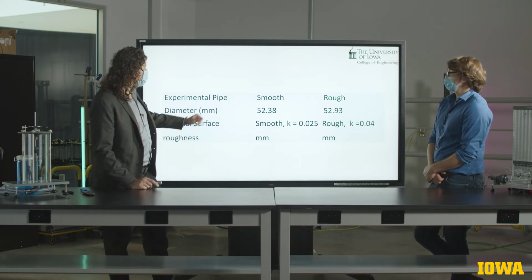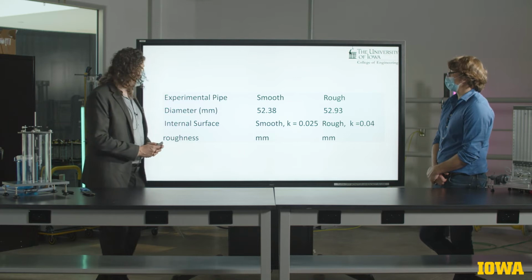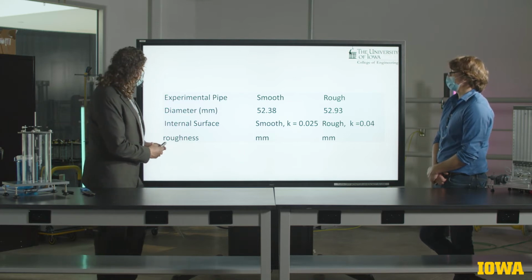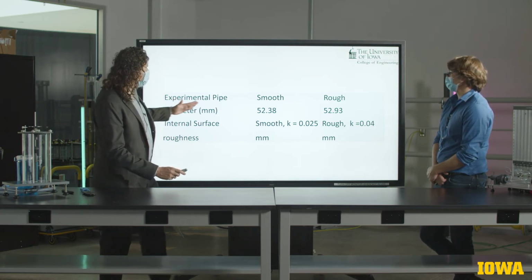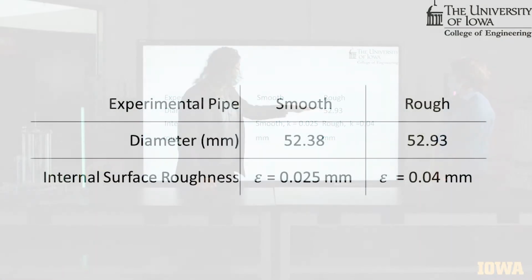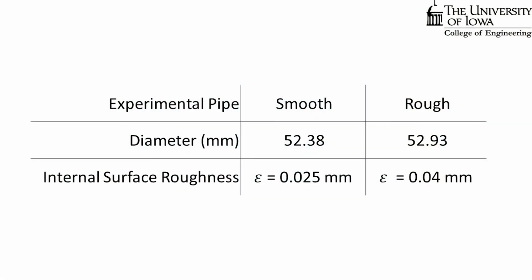Just to give you an idea of our experimental setup, we're going to have two pipes that, as we said, have approximately the same diameter in millimeters here, but the internal surface changes quite a bit. The roughness that we measure for the smooth pipe is 0.025, and the roughness for our rough pipe is going to be about two times higher.